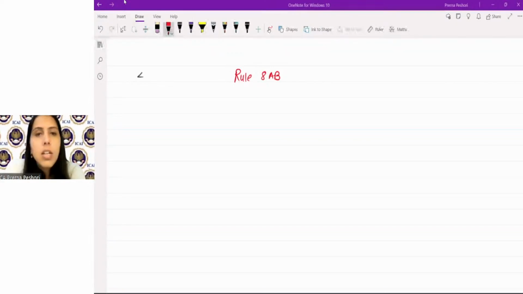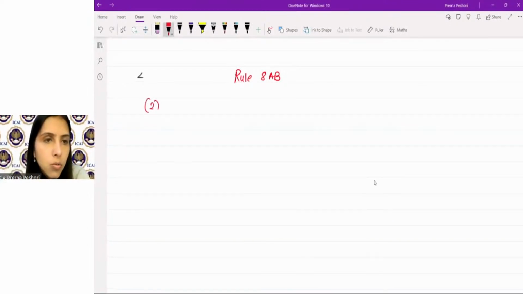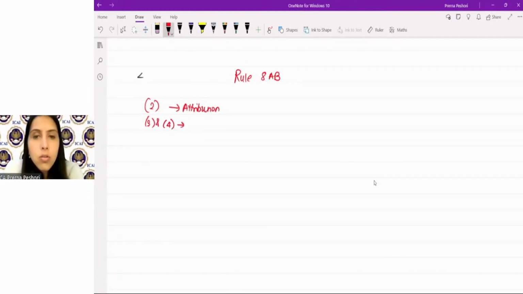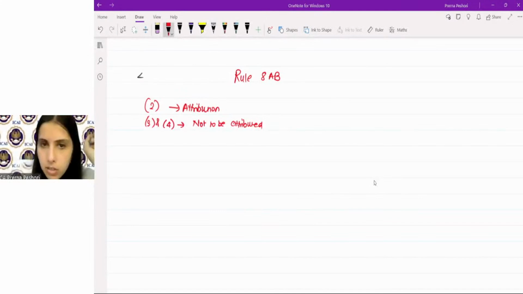So let's see. 8AB sub-rule 2 is attribution, and sub-rules 3 and 4 are not to be attributed. Clear? Now, if I explain from the bare text, you will not understand it very simply. So let me give you an example and then let me help you with the bare text of the rule. Then you will be able to appreciate the difference.